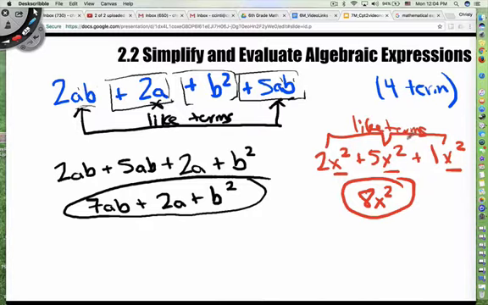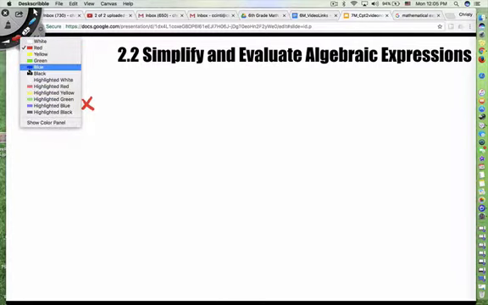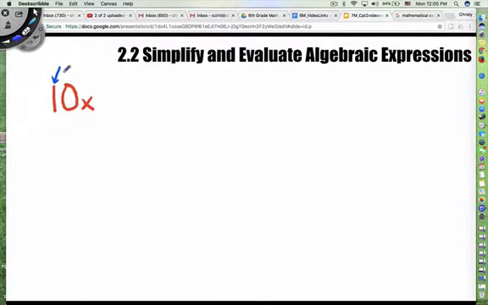Okay, let's go ahead and look at a little bit more. So these are more straightforward examples. Let's look at some more. Remember, or maybe you don't remember, but there's vocabulary we're going to throw in here. This right here is known as a coefficient.